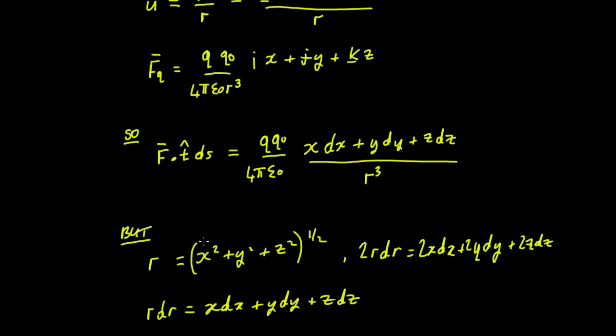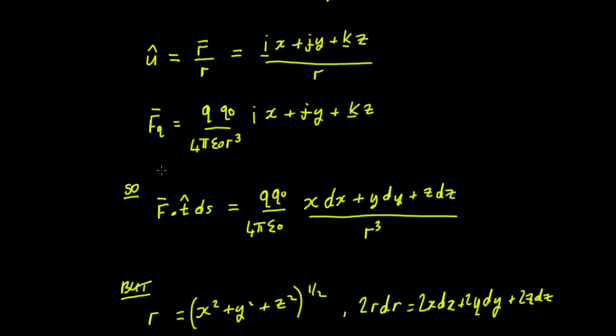If we look at the force, and the dot product with the tangential component, it's the tangential component of this force times some element ds. I can put in Q naught upon 4 pi epsilon naught, and for the force we've got i, j and k components.